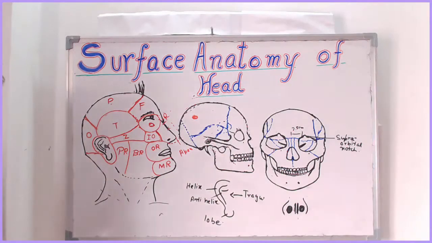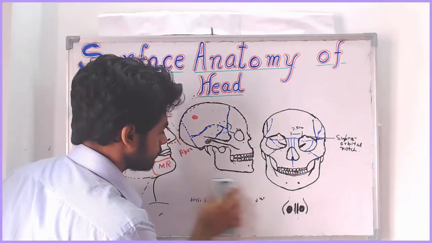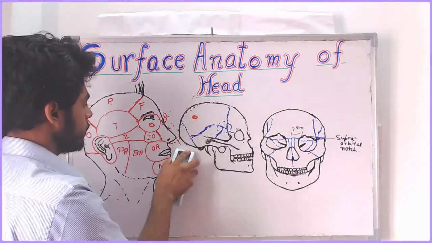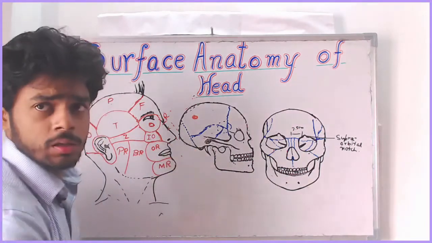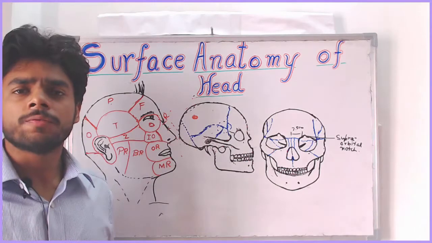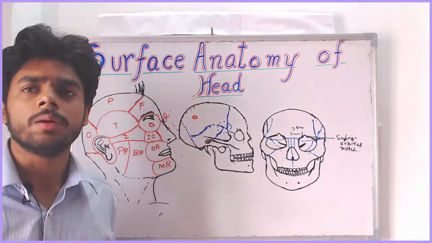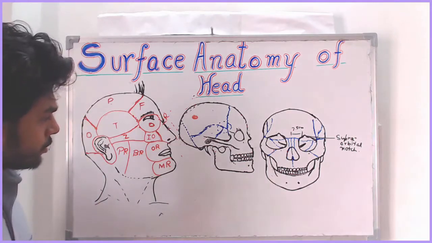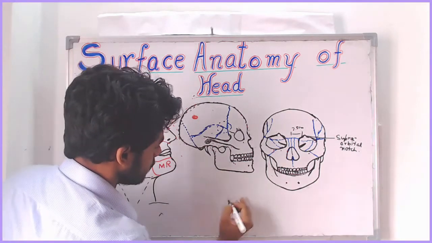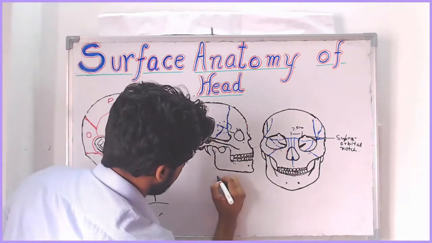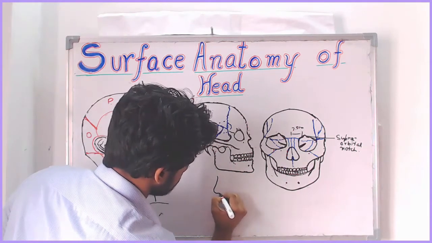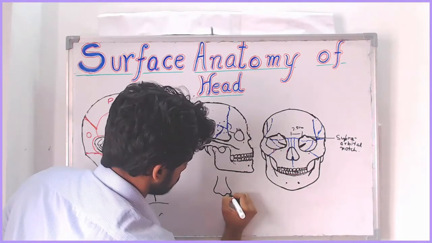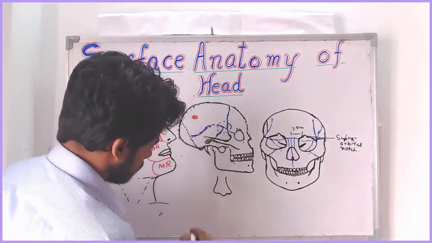Now we will study the oral region. In this region, the first structures we notice are the lips. So let's make the frontal view of this. This is the nose, and these are the lips.